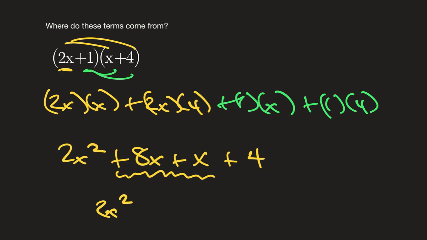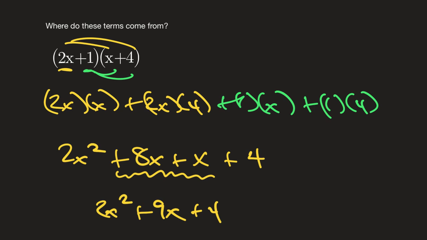I have 9 apples. So if I have 8 x's and I add 1 more x, I have 9 x's. Just because you add apples doesn't mean you get oranges. So if I add x's, I don't get x squareds, right? 8x and 1x is 9x, and then we have plus 4. So this is what we ended up with: 2x squared plus 9x plus 4, okay?